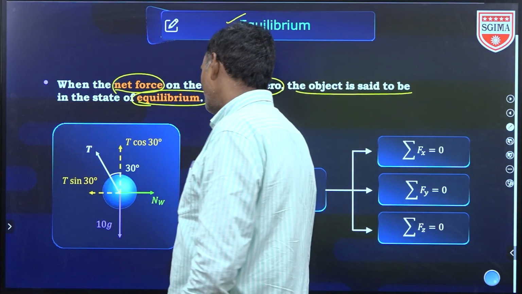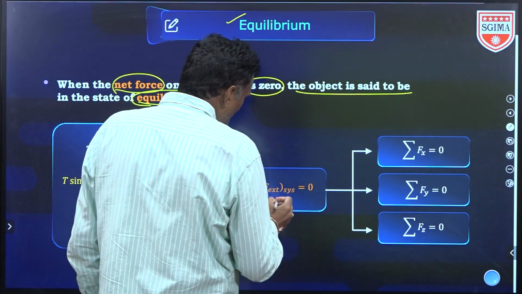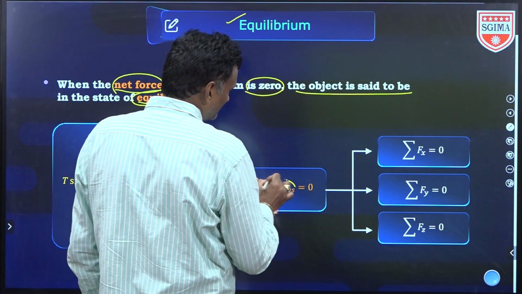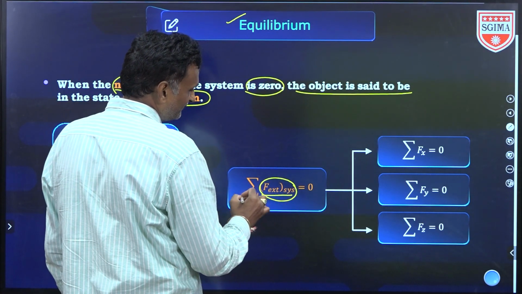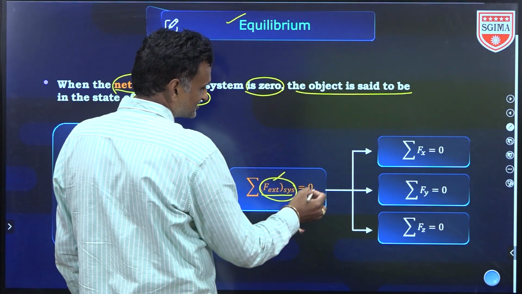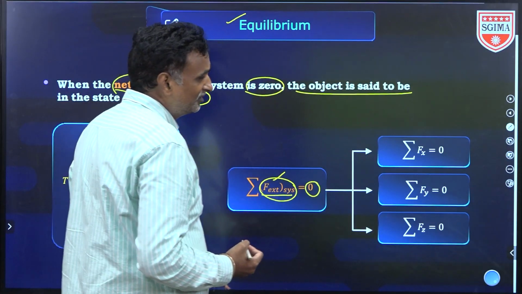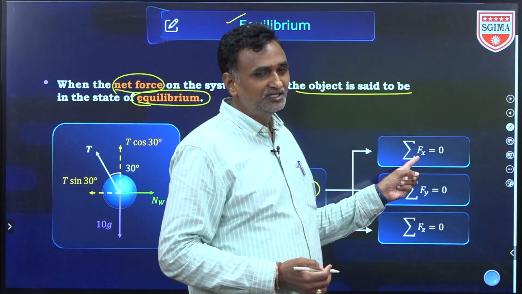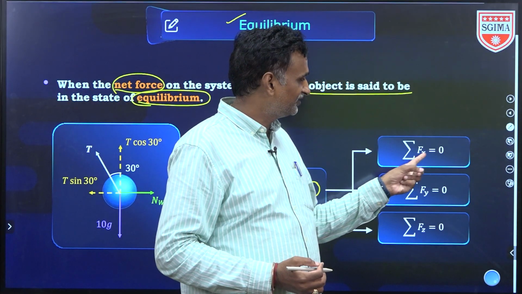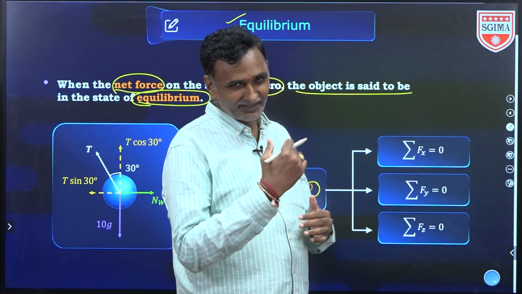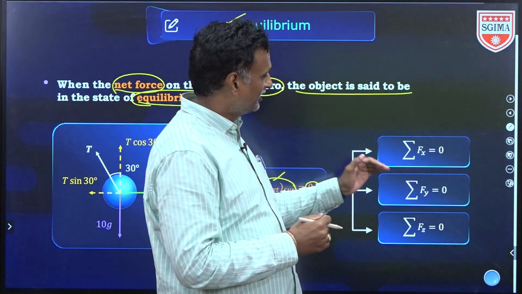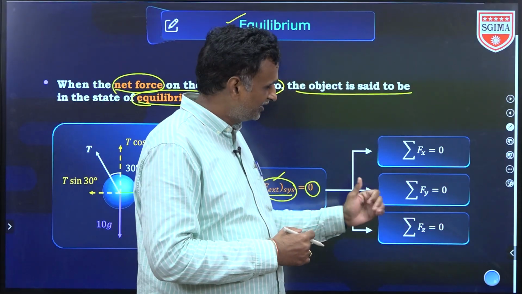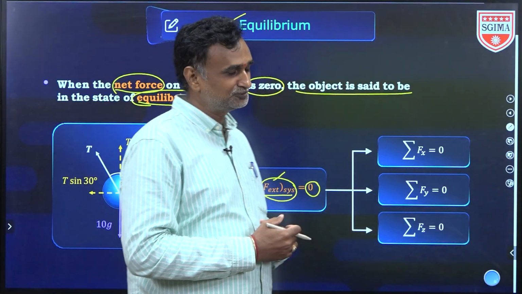So here you can consider F external acting on the system; the sum of F external on the system will be 0. Then the summation of Fx equal to 0, which means along x-axis it is 0, along y-axis also 0, along z-axis also 0.